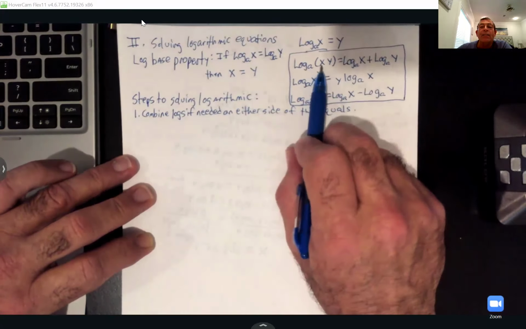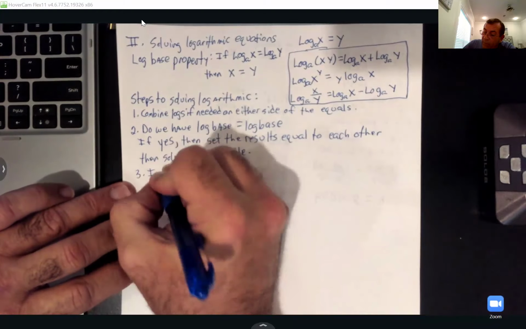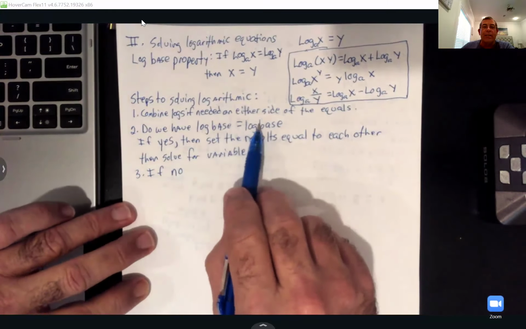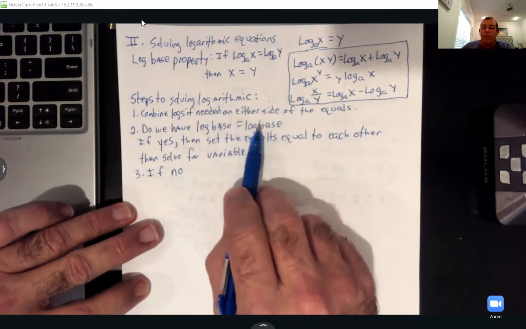If no, so if I do not have a log base equal to a log base, then I'm going to rewrite it as exponential.